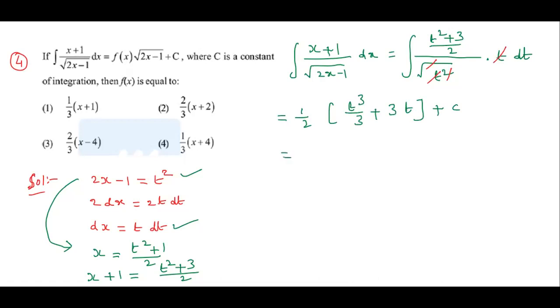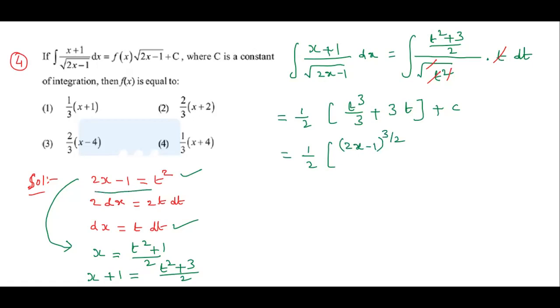Then what is the t value? 1 by 2 into, or otherwise take common t or t square. Okay, t cube we can write as (2x minus 1) whole power 3 by 2, because t value is (2x minus 1) whole power 1 by 2.